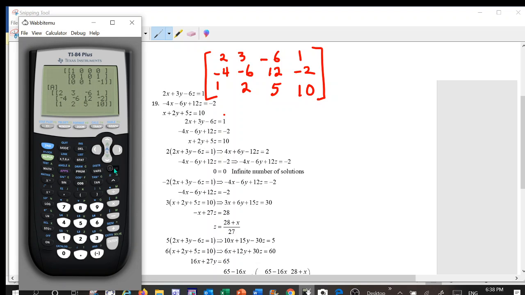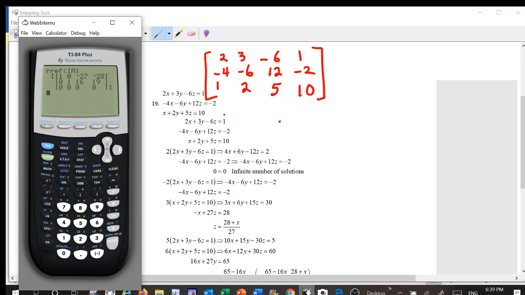Yes. So now we're going to go to matrix and go to math and get RREF. Put the matrix in there. And we have, yeah.